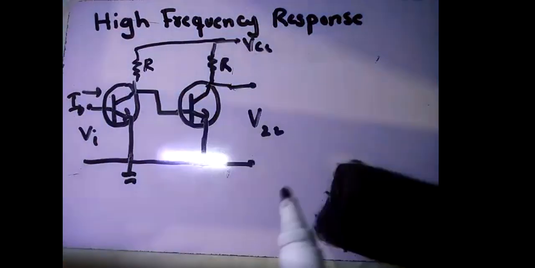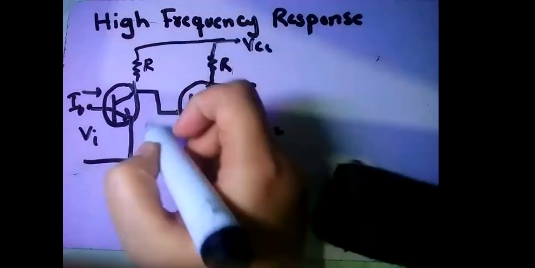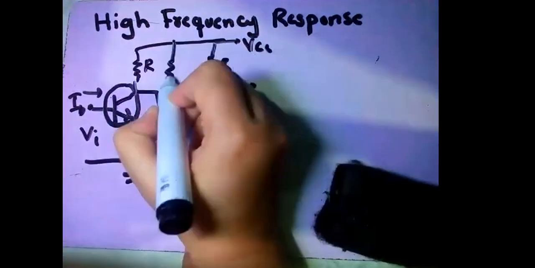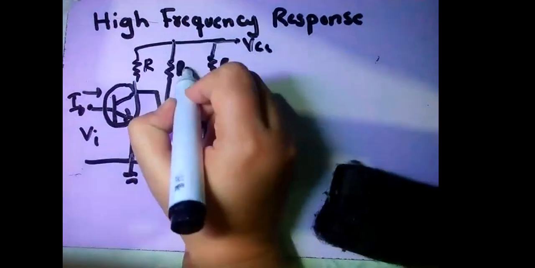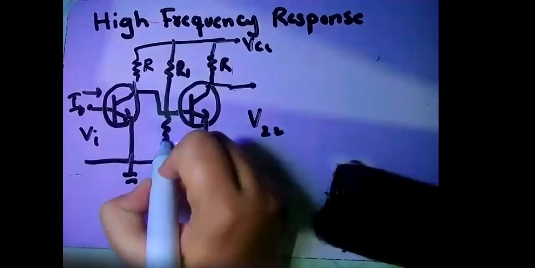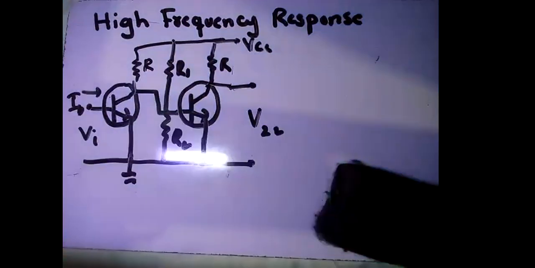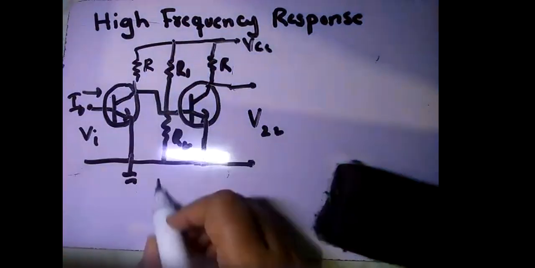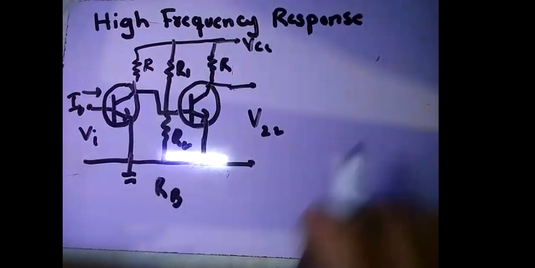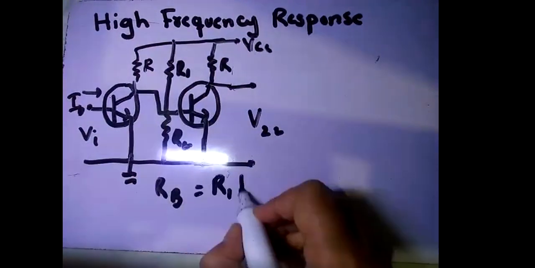And after that, there are two resistors, as you remember, R1 and R2, and their equivalent was RB. We consider that it was equal to RB.